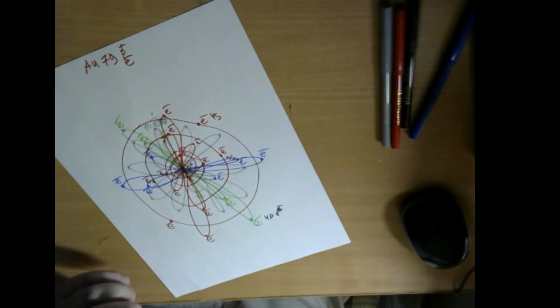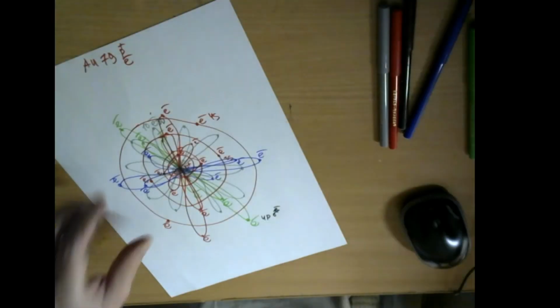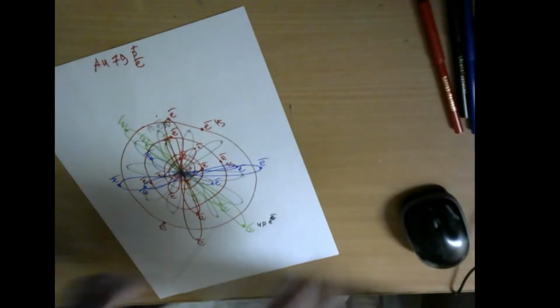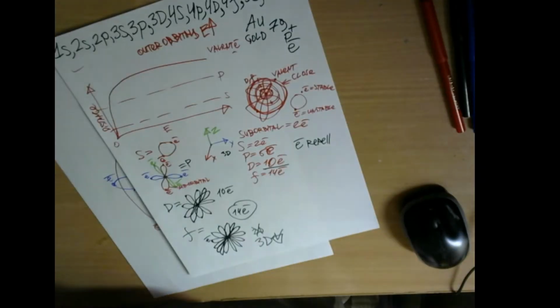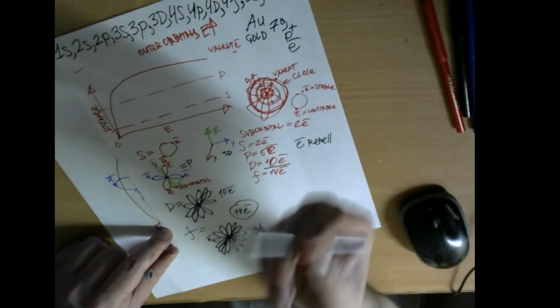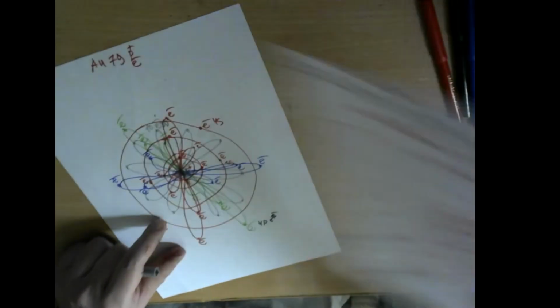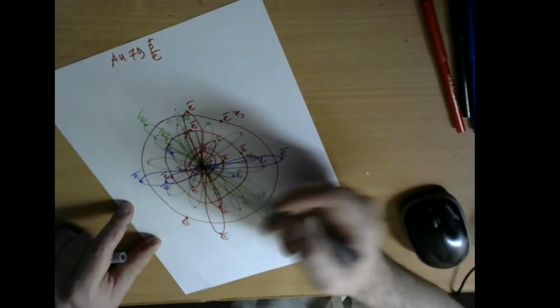Now, what do we have next? We have 4p, 4d. We need to add 4d. And for d, for Christ's sake, it's 10 electrons. I'll draw it with a gray marker again. It's very complex to show on paper.